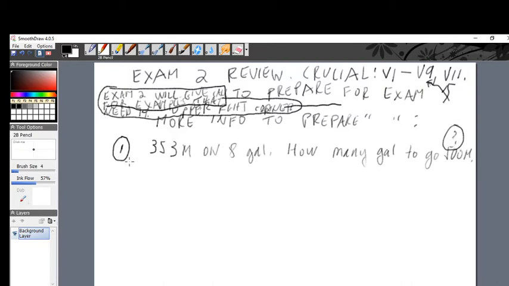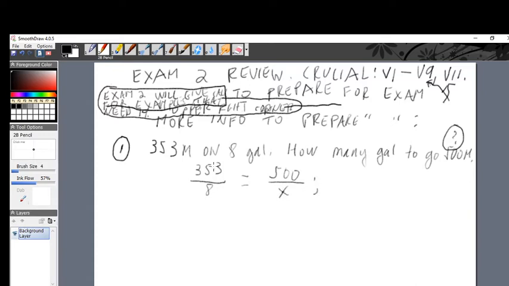Here's how you set it up. It's a ratio: 350 miles to 8 gallons is equal to 500 miles to x gallons. We want to get 500 miles, and we don't know how many gallons that's going to be.